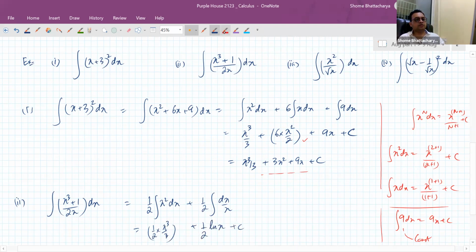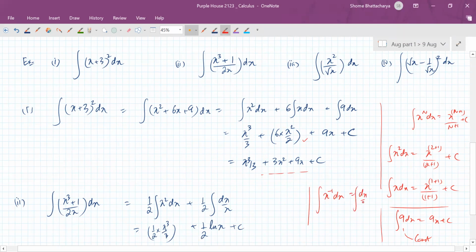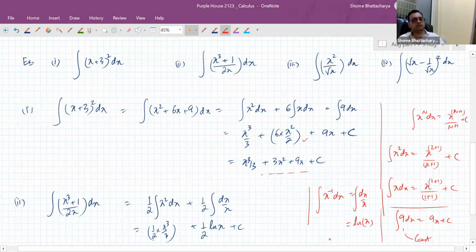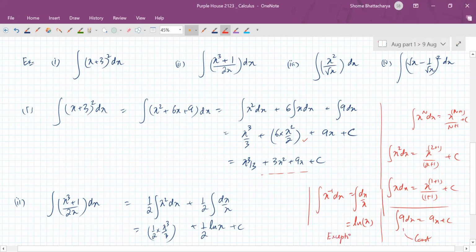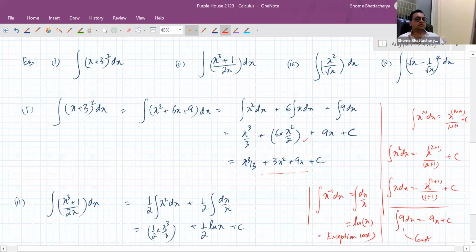So remember that this one, integration of x to the power minus 1, same thing as this. Sir, here minus 1 is not there, no? What is 1 upon x, beta? It is x to the power minus 1. Ah, yes. This is the exception case.